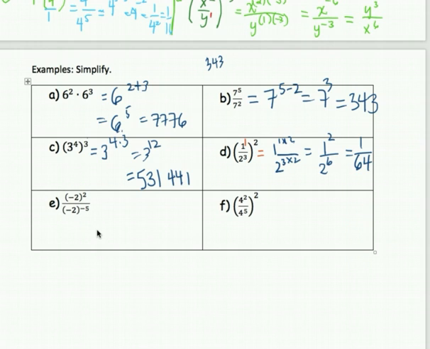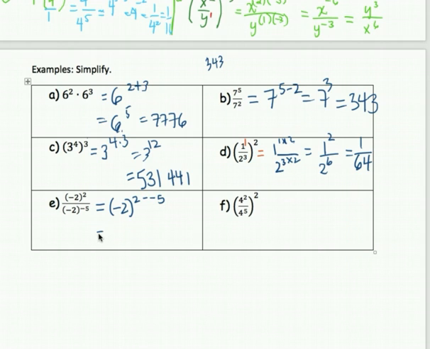Okay, so we're seeing some negatives with the 2 in the brackets, and then we're seeing a division. So we have a base of -2, but we have a division here, so that means we have to subtract the exponents. Again, don't touch the negative that's in front of the 2. Just leave it alone, and you're going to take the exponents and subtract them.